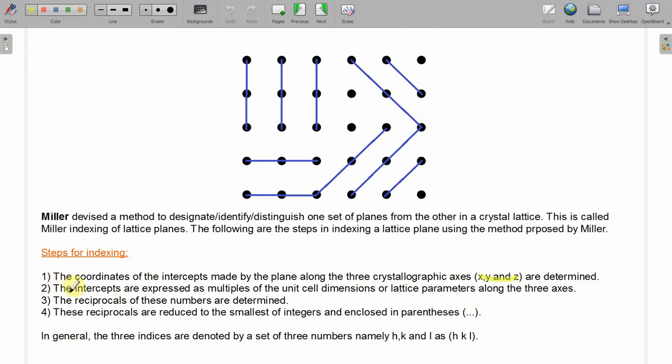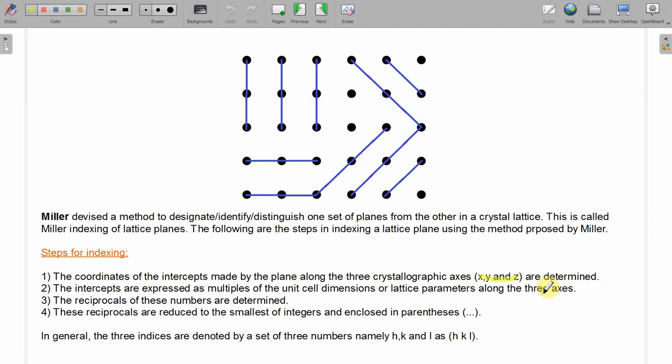Now, the second step involves the intercepts being expressed as multiples of the unit cell dimensions or lattice parameters along the 3 axes. A given plane will intercept each of the 3 axes generally at different points.